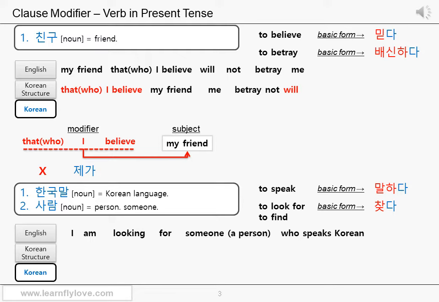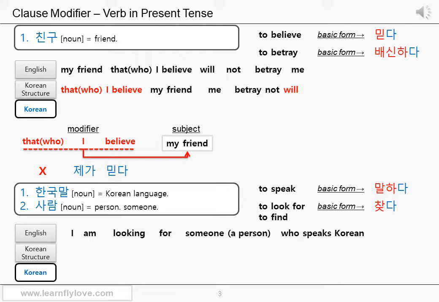Well, it will sound a little bit weird if we put a nuance of comparing to the subject of the clause that I believe, because it will sound like I believe, but others don't believe. So if you want to add a nuance of I believe, but others don't believe, it would be totally okay to use the auxiliary particle 는, okay? I is 저, but when it combines with the subject particle 가, it changes to 제가.